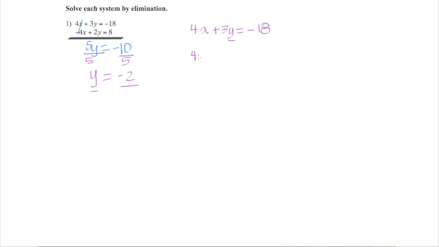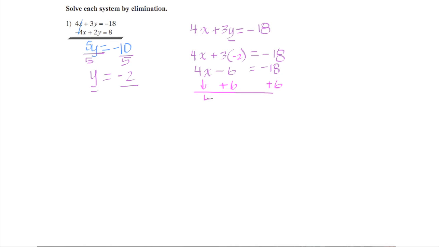So now my equation reads 4x plus 3 parentheses negative 2 equals negative 18. 4x, 3 times negative 2 is negative 6 equals negative 18. I'm going to add 6 on both sides to leave the x alone.